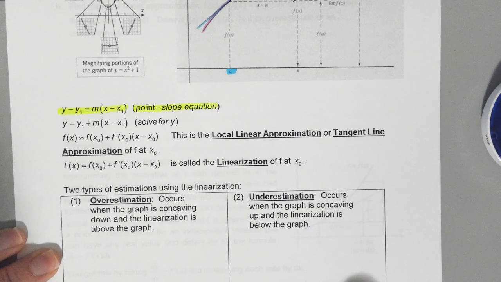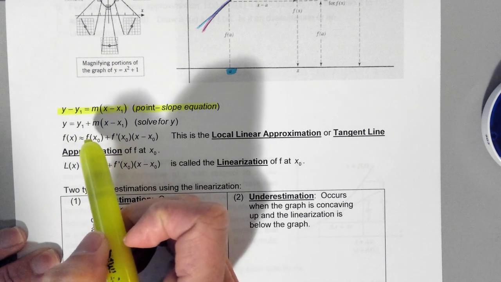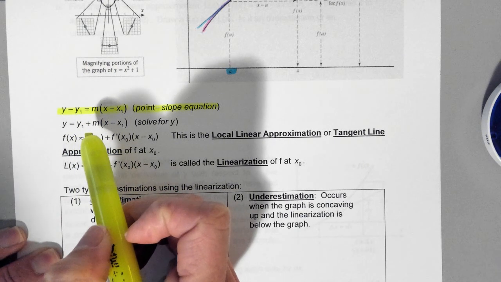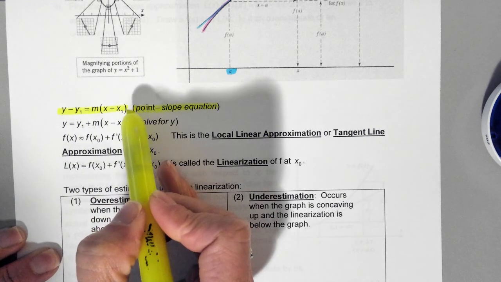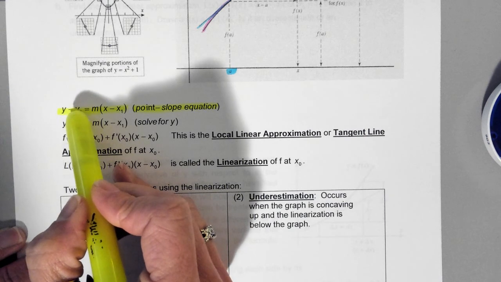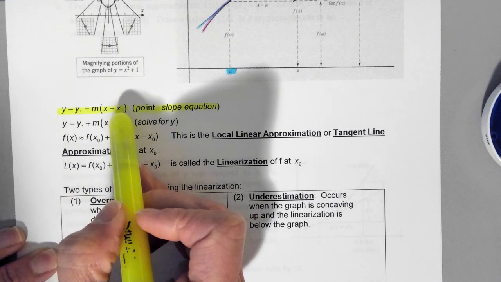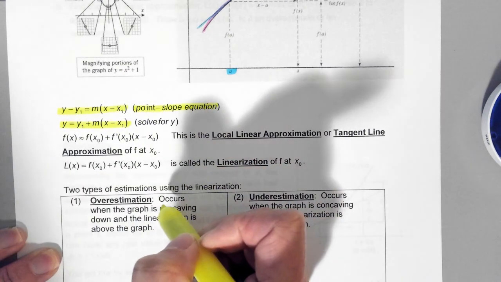We would then solve for y, meaning once we had our slope and our x and our y values and we plugged into the point-slope formula, we would have this equation. We want to solve for y. So that means we take this y sub 1 value and either add or subtract it, depending on the sign, and move it over to the other side.